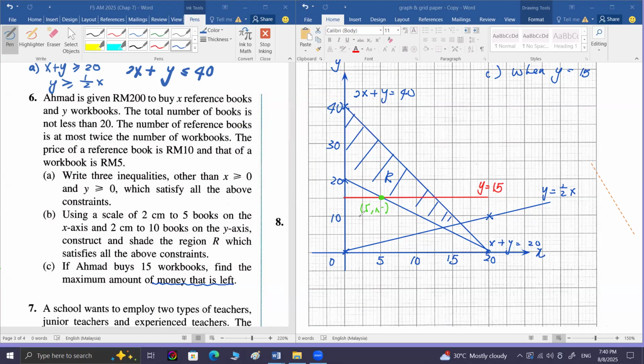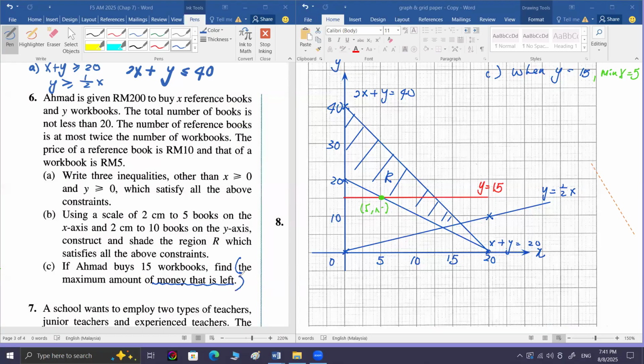As this question asks for the maximum money that is left, we find the minimum money that is spent. When Y is 15, the minimum X is 5.